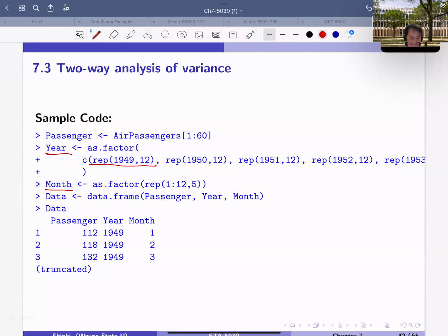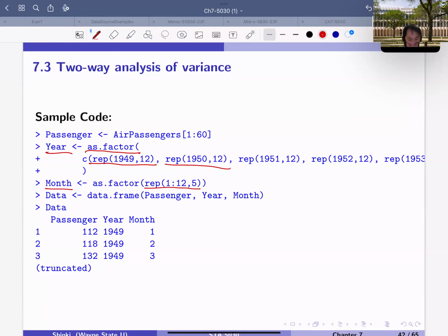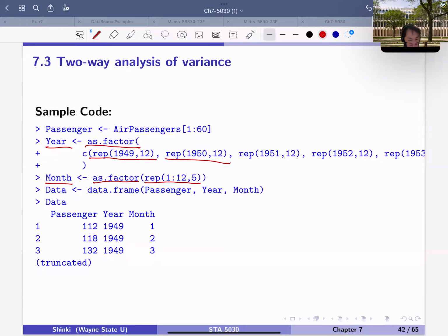So the first 12 elements are 1949, the next 12 elements are 1950, and so on. This is not numeric, we want to make each of these 5 years a factor, so I put the as.factor function here. Month is also the same: we repeat 1 to 12 5 times, but we make it a factor.